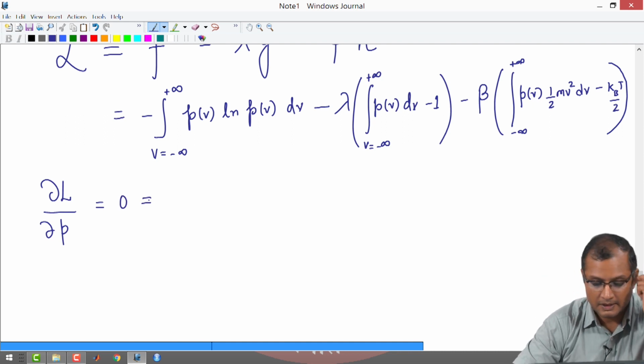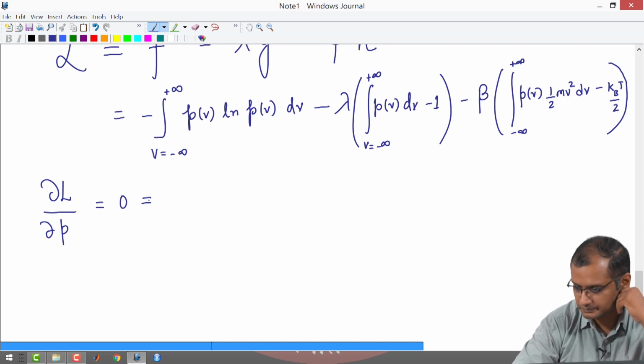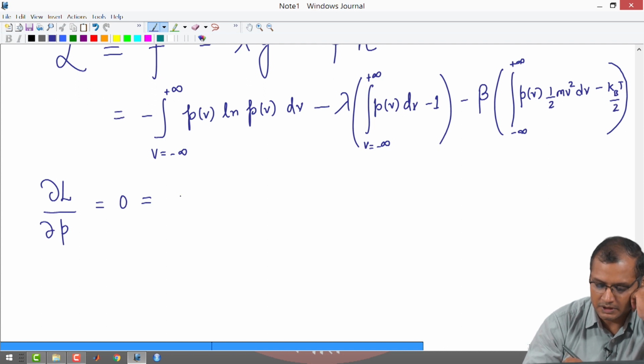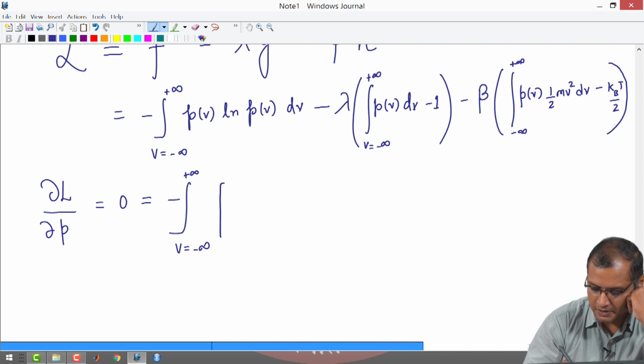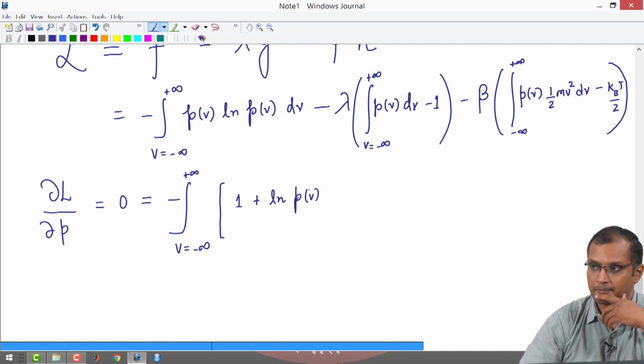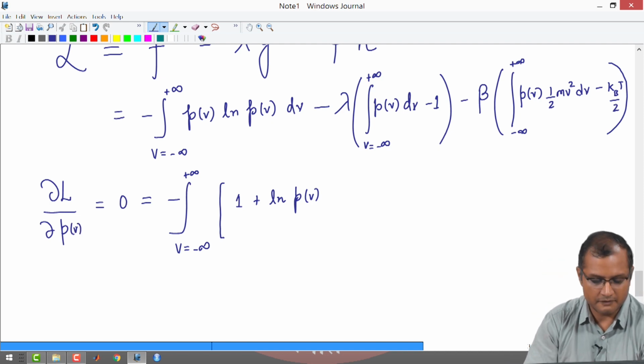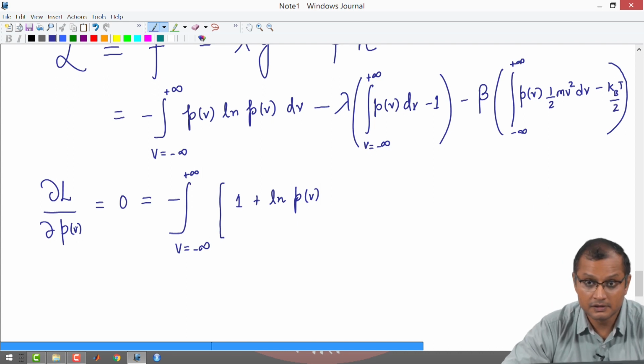If you take the derivative, I am going to write down the entire thing under the integral. From the first term I get 1 plus ln P of v, because I am taking the derivative with respect to P of v.